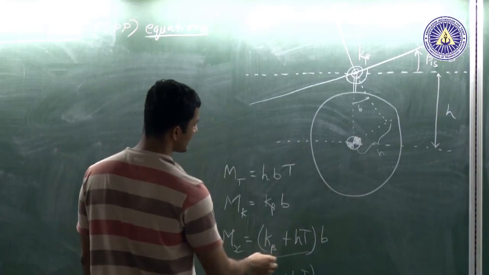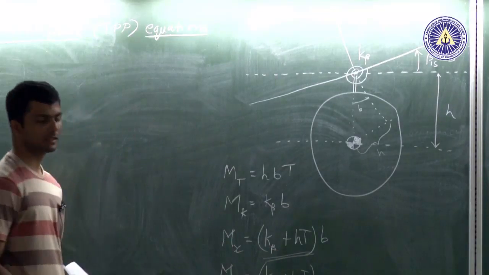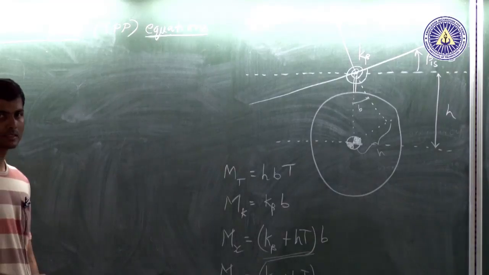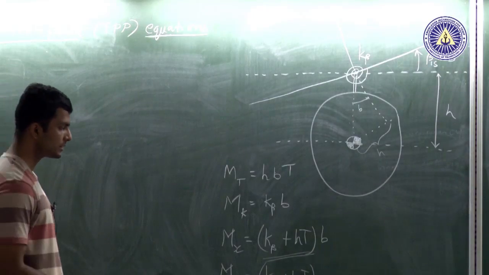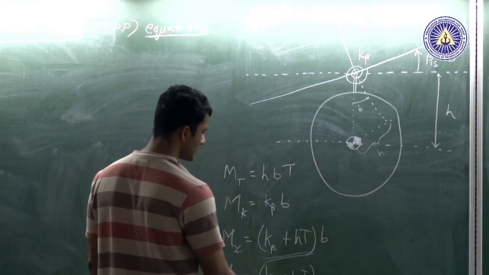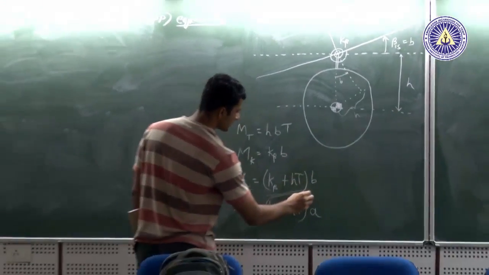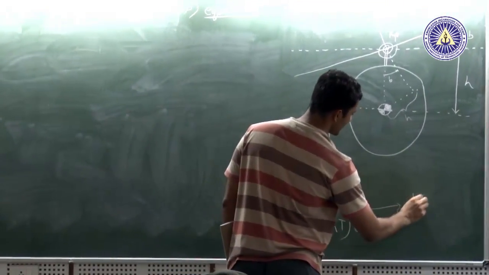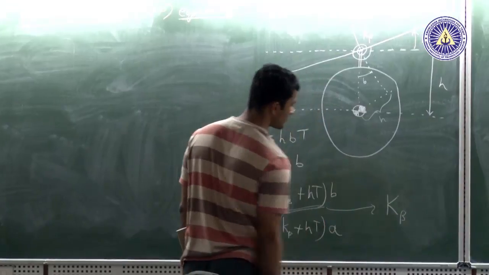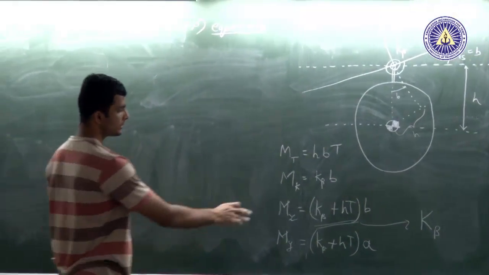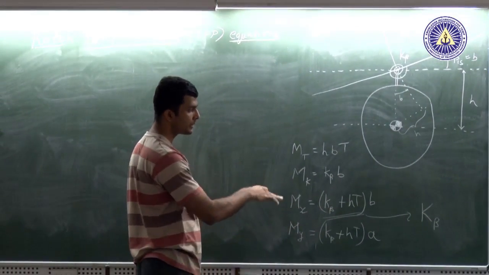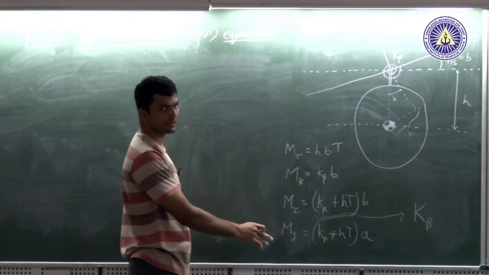This k beta plus hT I am calling the equivalent spring stiffness, and that is denoted as capital K beta. So here is my moment about the x axis and moment about the y axis.